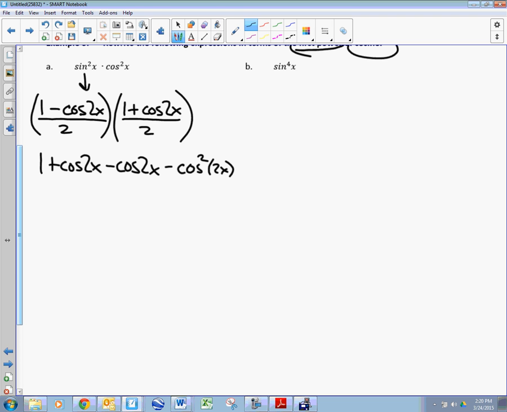So you just leave the double angle alone. You just square the operation. All right. All over what? 4. What do you notice? Cosine 2x is canceled. They cancel, giving me 1 minus the cosine squared of 2x all over 4.